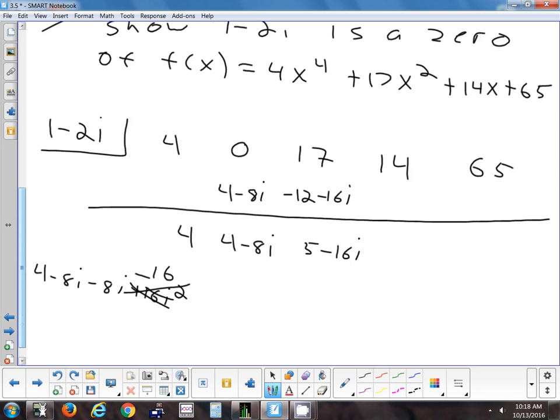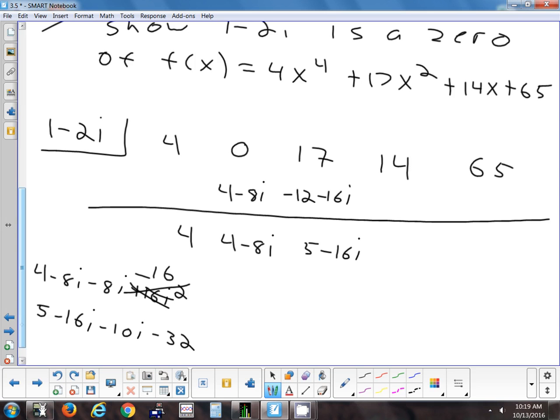What's 1 times 5? 1 times negative 16i. Negative 2i times 5. Negative 2i times negative 16i. 32i squared. So negative 32. 5 take away 32.